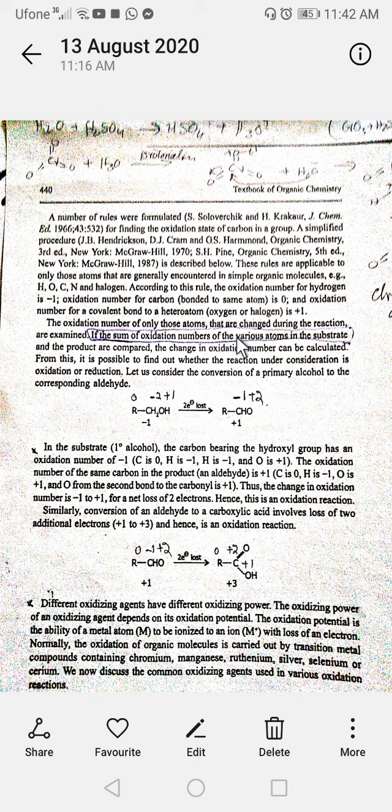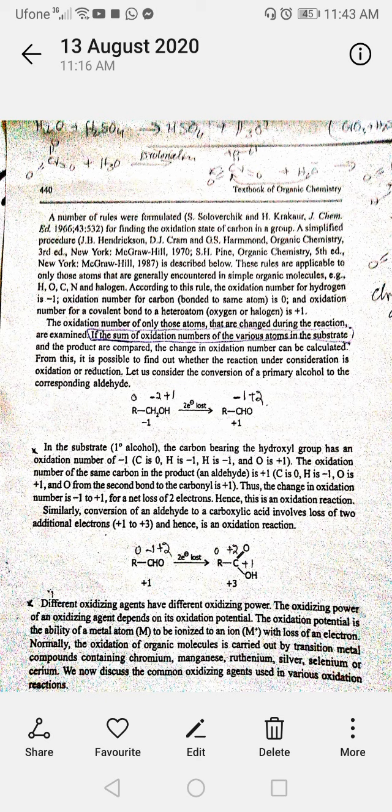But keep in mind that here the calculation of the oxidation state is the sum of the oxidation numbers of the various atoms attached to the carbon.